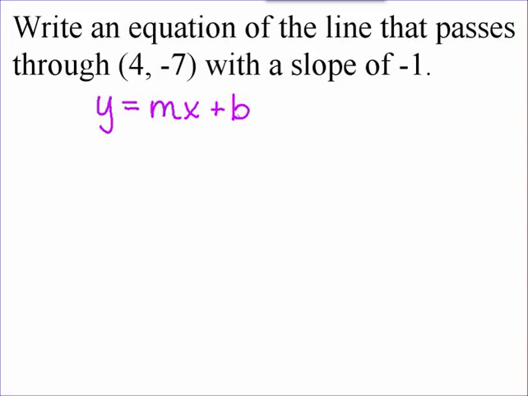So what's the first equation you should write? y equals negative 1 plus b. Good. y equals negative 1x plus b. Now what you need to do is finish the problem using (4, -7). So go ahead and do that, and let's see what you get.